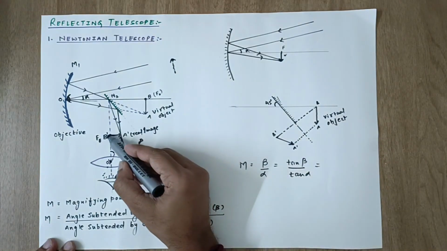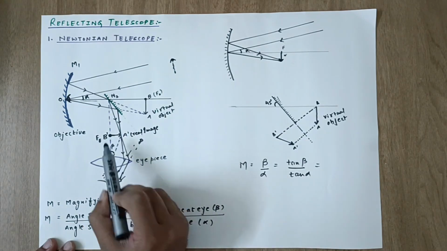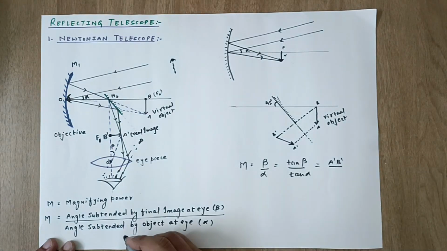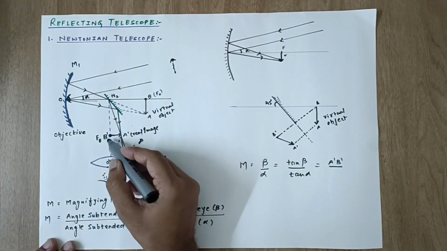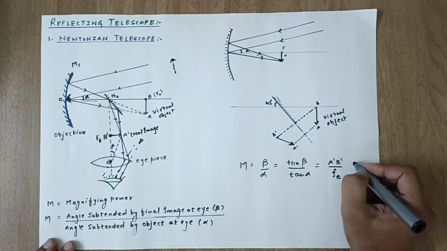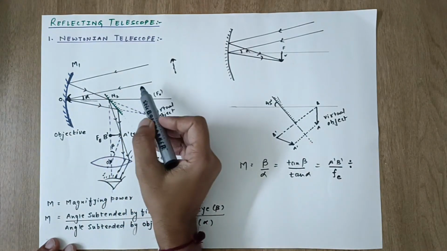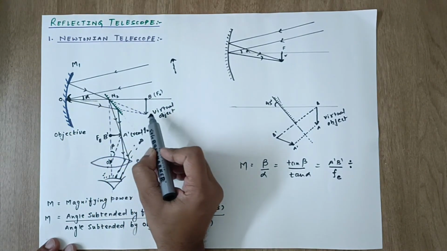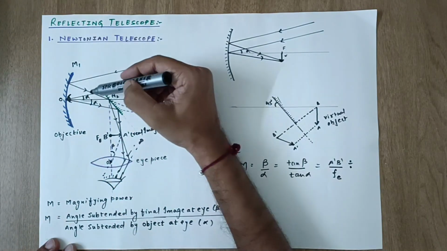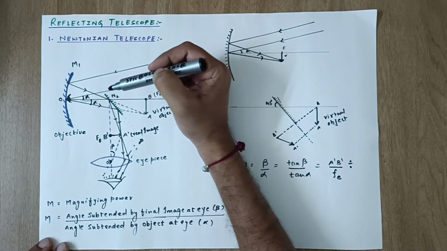Now for tan beta, I am going to consider this triangle, that is A dash B dash O. Tan beta is A dash B dash upon this distance B dash O dash, that is the focal length of the eyepiece, divided by tan alpha, and I should be taking this triangle, that is ABO, because the angle of incidence and the angle of reflection are the same, so this angle and this angle turns out to be the same.